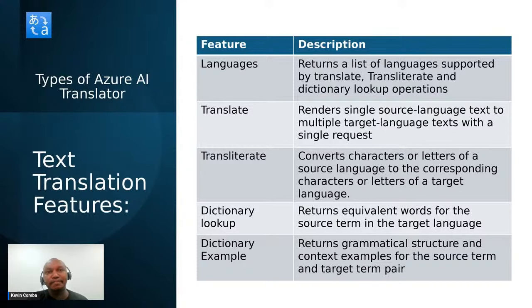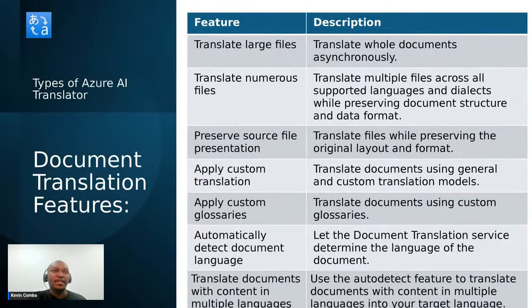So, yep. So speaking about document translation features, so we have features like translating large files. So it's going to translate, let's say, a lot of documents simultaneously, like a batch processing of kind.